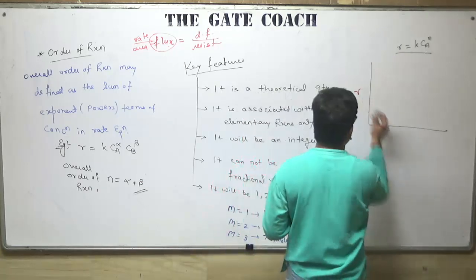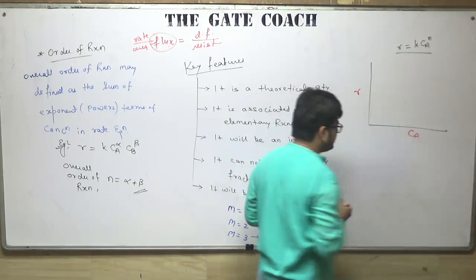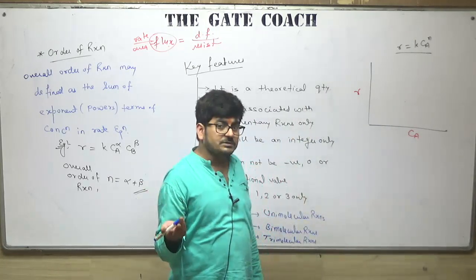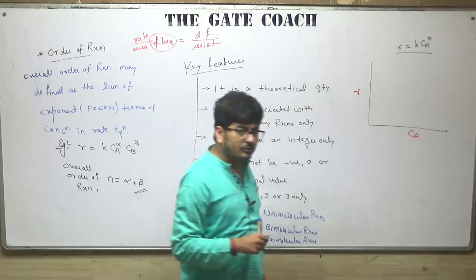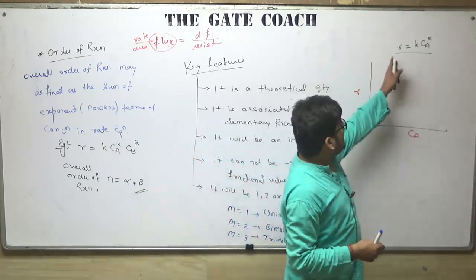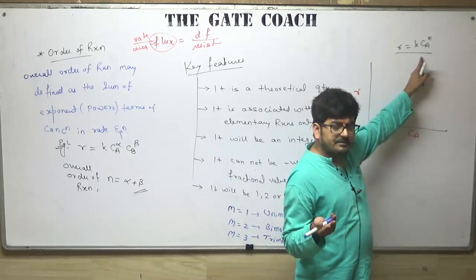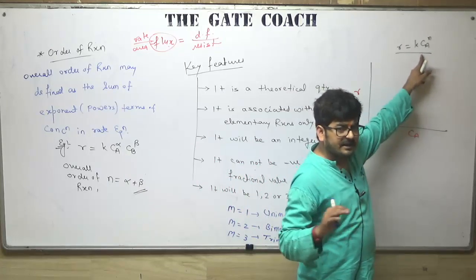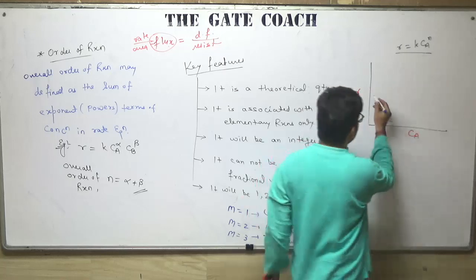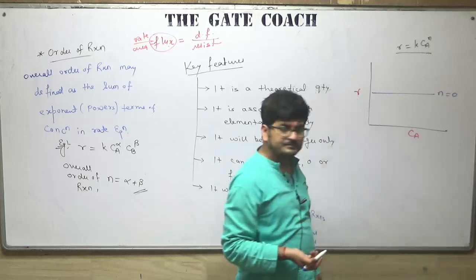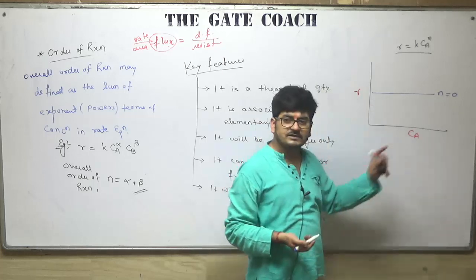If you draw a curve between R versus Ca, suppose if order of reaction is 0, then R will be equal to K. K is a function of temperature. If temperature is fixed, K will be fixed. So R will be like this for order of reaction 0, means independent of concentration.